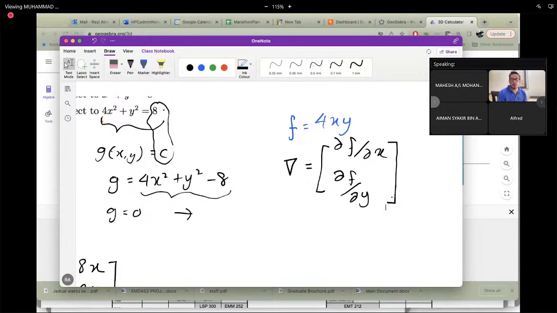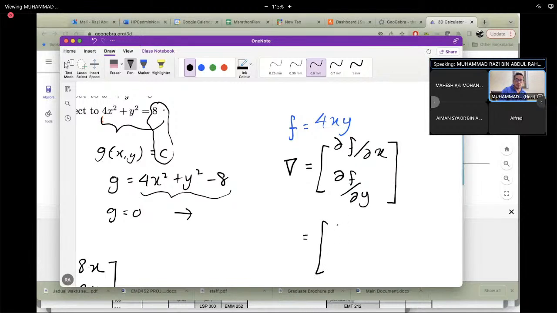The first thing I want everybody to be clear by now is that when you have a scalar function like f here, taking the gradient, you should automatically picture that it's a vector. So if it's a vector, then it has an x component and y component. The x component is given by the partial derivative with respect to x, and the other one is the derivative with respect to y.